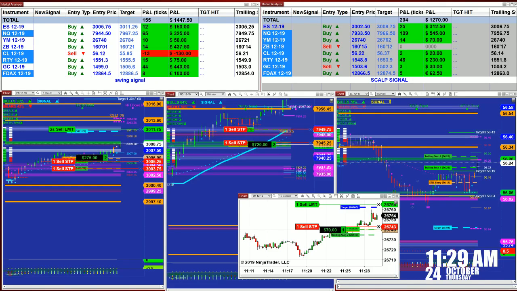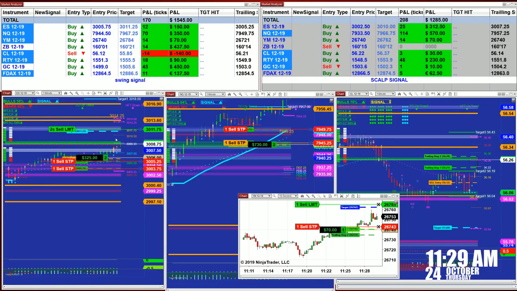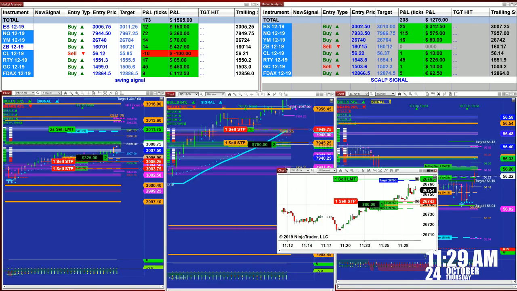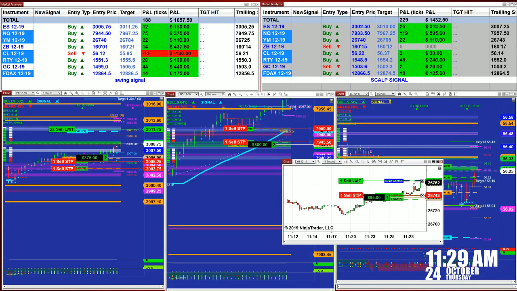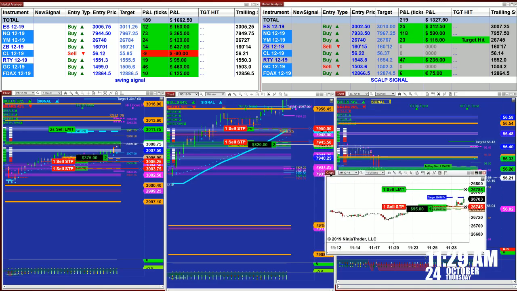I doubt it. Now it's testing the 3009. If you notice how it's blinking, a lot of buyers are trying to break that level, which immediately tells you this one here, look, you can increase it if you want to, because if this ES breaks it, you're going to have much more potential on it.